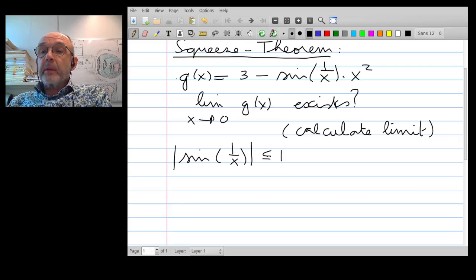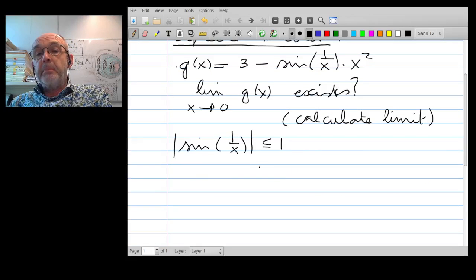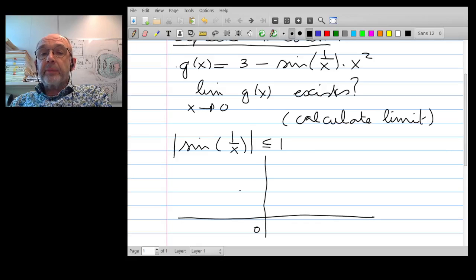Then, what could we do? Maybe we can do the following. If you have 0 here and the function g, and we calculate a lot of values of g, I think it will go a little bit this way.